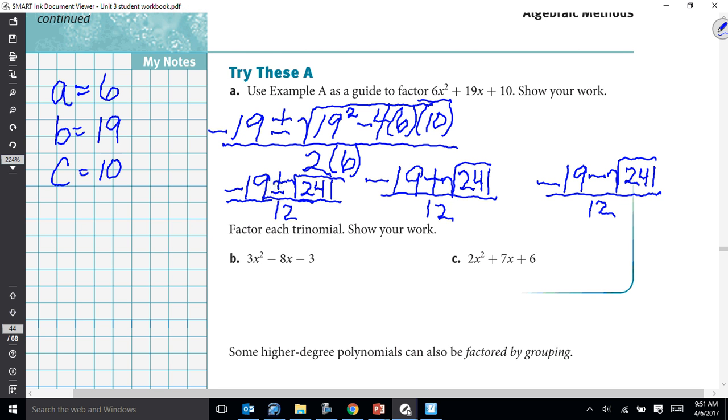I don't think that's right. Oh, I think I did negative, that's why. Negative 241.